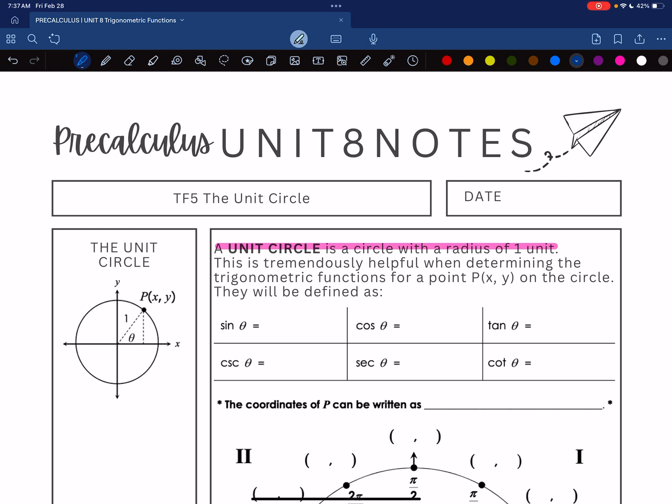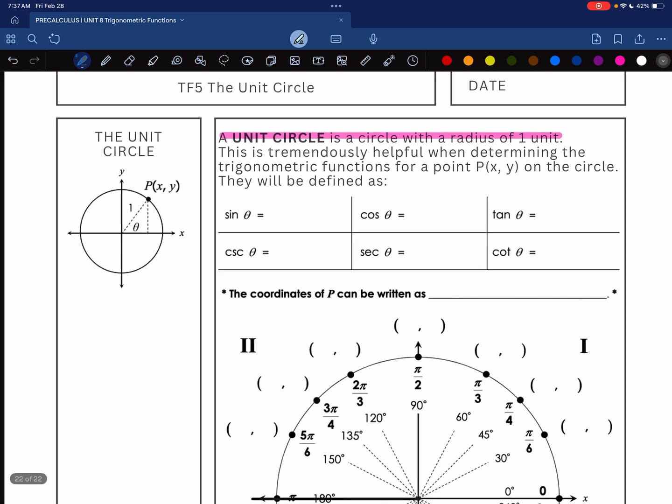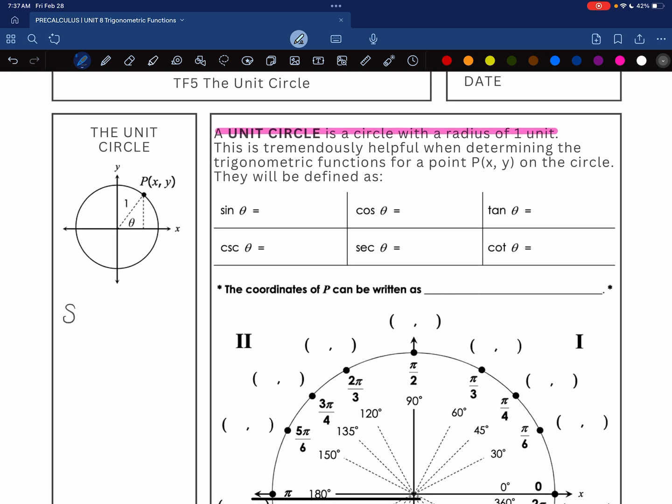Remember that sine is the opposite over the hypotenuse. So in our diagram right here, if this is our angle, then the opposite is this side.